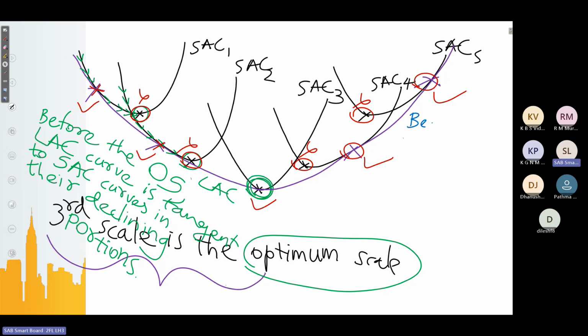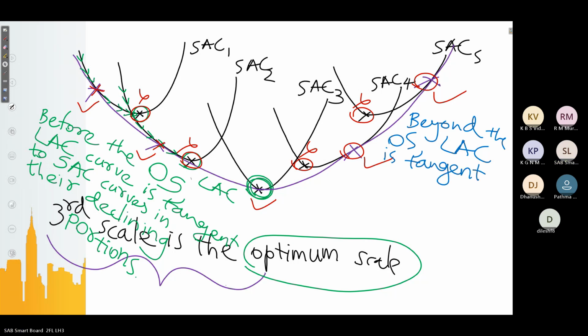Beyond the optimum scale, the long run average cost curve is tangent to short run average cost curves in their increasing portions.